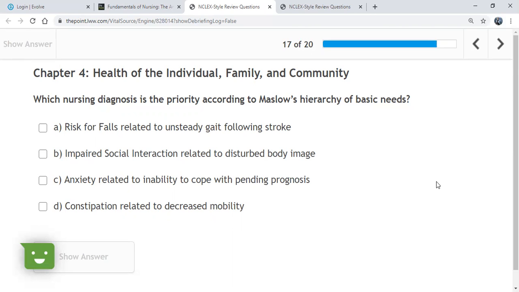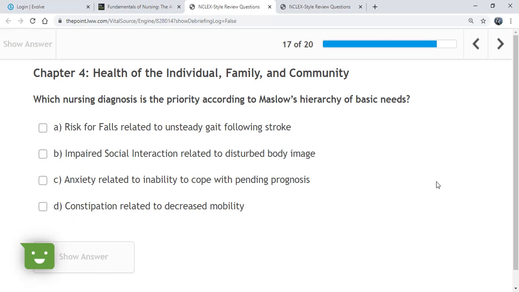Is that going to kill somebody? I think D. Constipation. Okay, are you saying constipation because it's an actual problem? It is.